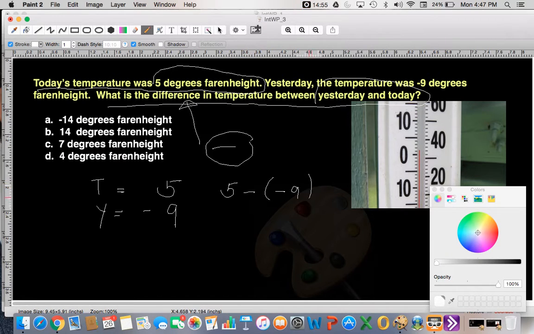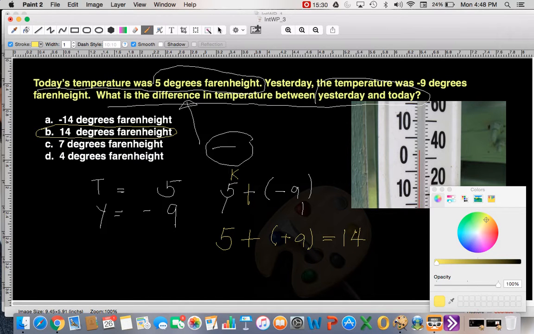This was the temperature today, and this was the temperature yesterday. So 5 minus negative 9. Our rule for subtraction is keep, change, change. So the answer here is 14 degrees Fahrenheit, which is B.